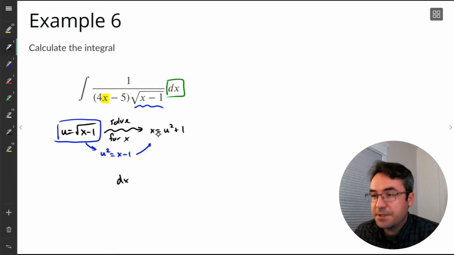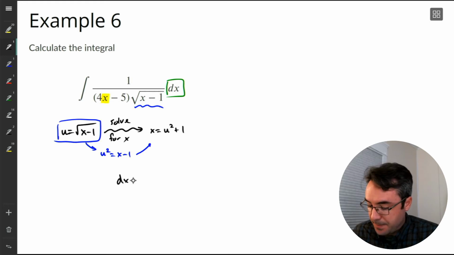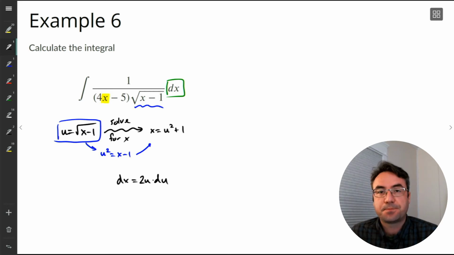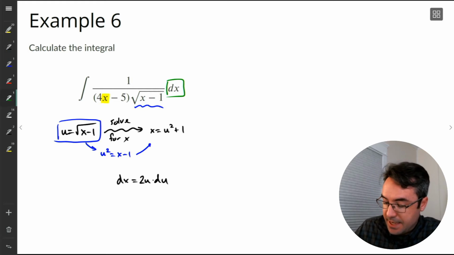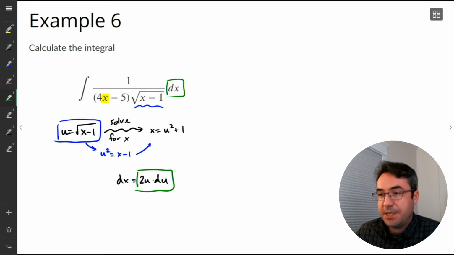If we look at this equation, differentiating will give us dx, and the derivative of u squared plus 1 will be 2u times du. And so now we can just plug in directly because we know what dx is. It's 2u times du.